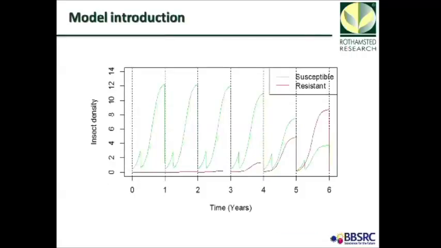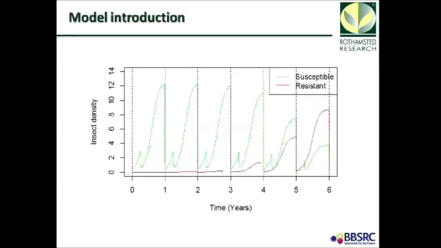So in our model we can represent all of the insects that I showed previously by changing the parameters. And this graph here just shows that if we spray an insecticide on a susceptible insect population on day 50 each year, you can see that the susceptible insect population takes a hit at day 50, and over time that selects for the resistant individuals in the population, which are not, in this case, affected essentially at all by the insecticide spray.